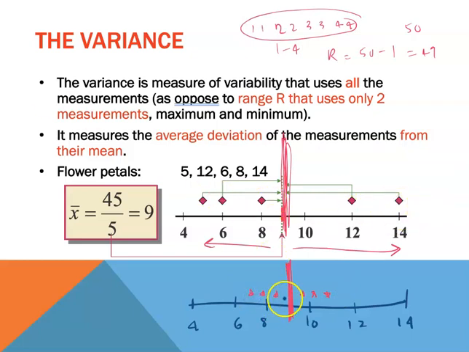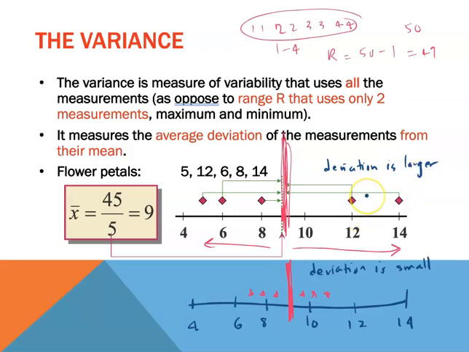So here I can see that for this data set, my deviation is small, whereas this one over here has a larger deviation.